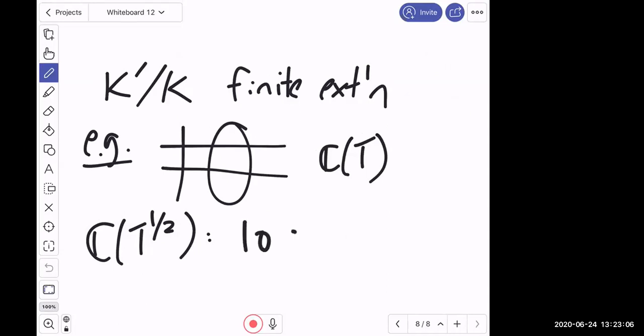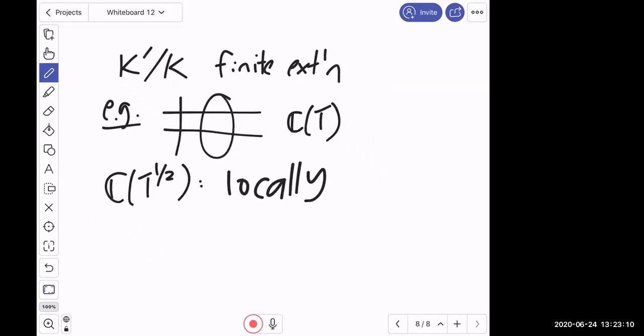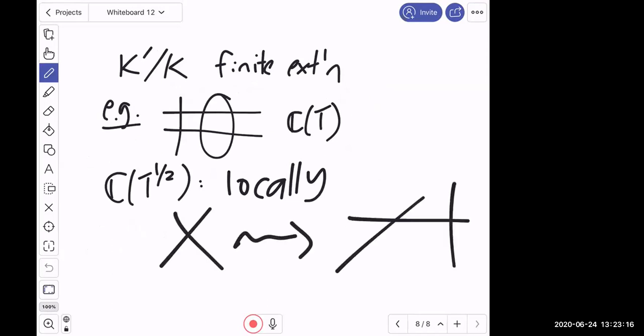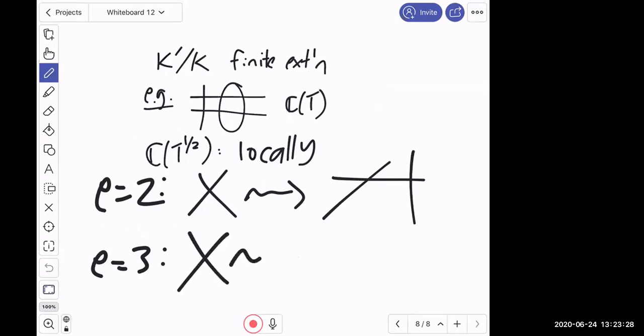And so locally, what does that mean? Well, in this case, the ramification index is 2, and all it means is whenever you see an intersection like this, you would get a new component. So that would be ramification index 2. You have to make these local modifications. If the ramification index was 3, then you would get a chain like this.